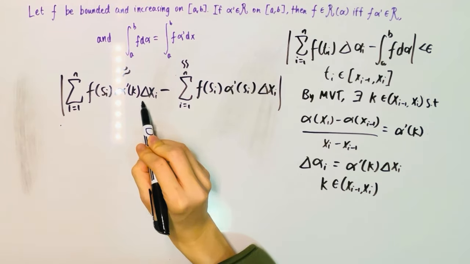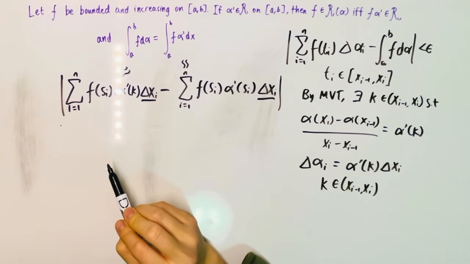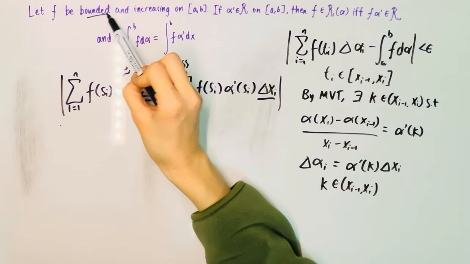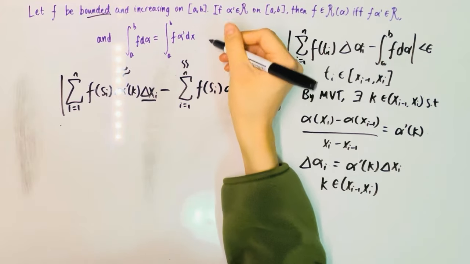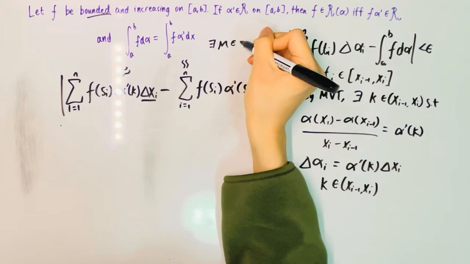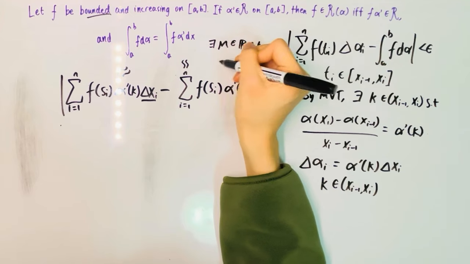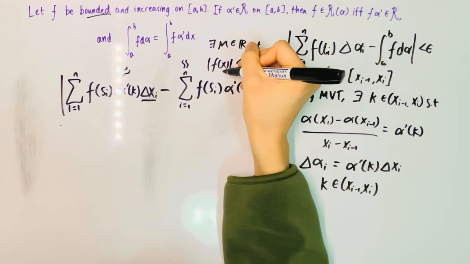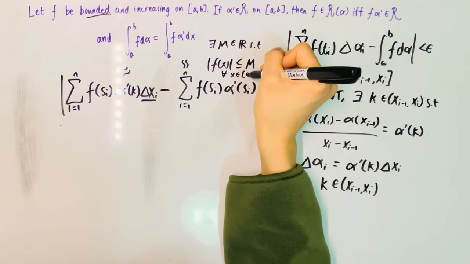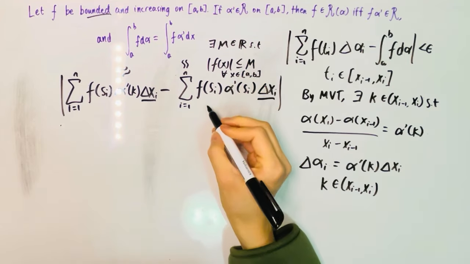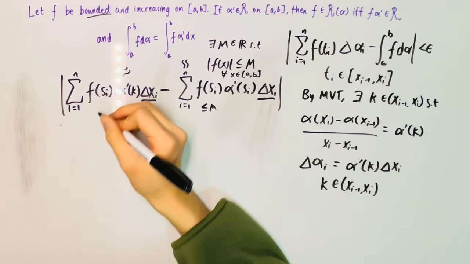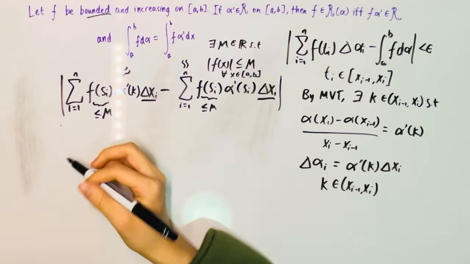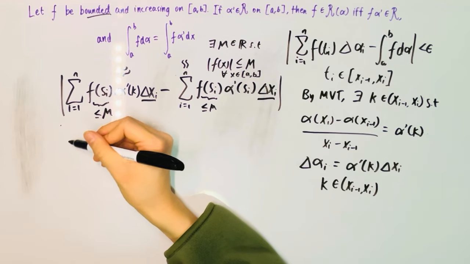All right, so now we can subtract these, and when we do that, we can factor out this delta xi. Also notice that because f is bounded on this interval, there exists m in R such that the absolute value of f of x is less than or equal to m for all x in a, b. So this will be less than or equal to m, and we will hence be able to factor out the m.